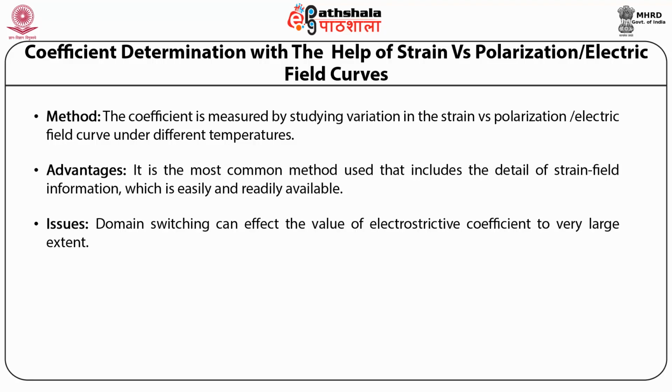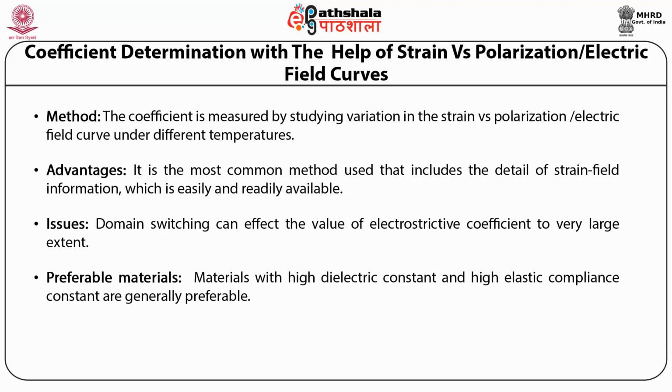The preferable materials for this method are materials with a high dielectric constant and a high elastic compliance constant. The examples of materials whose coefficients have been determined using this method are the perovskite ferroelectric polymers.